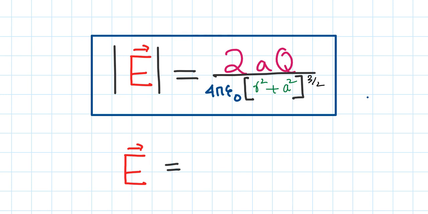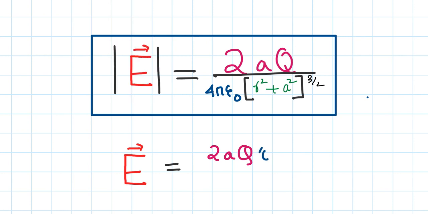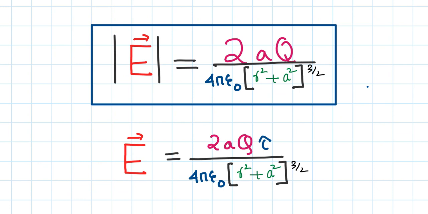So vector E can be represented as 2AQ i cap, the whole divided by the terms in the denominator, which is 4 pi epsilon 0 times r square plus a square the whole raised to 3 by 2. Now you have your vector equation.